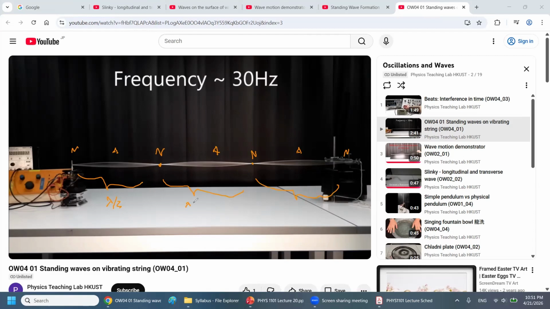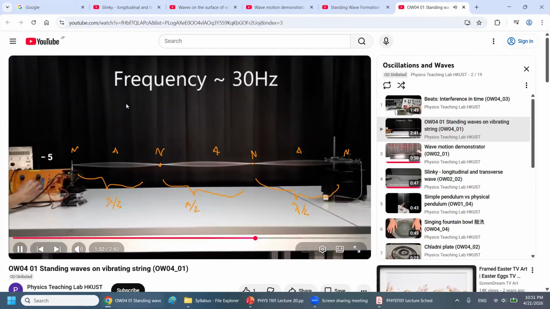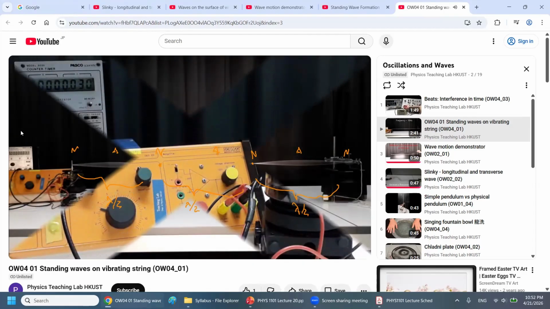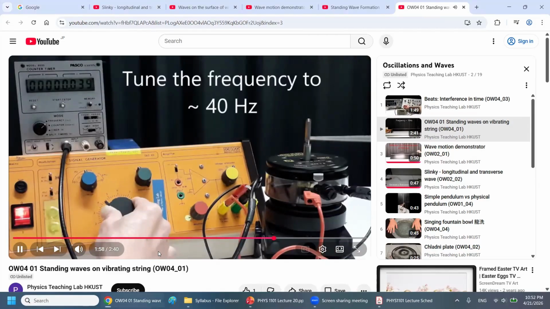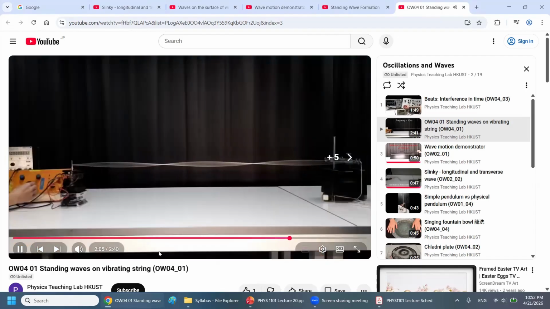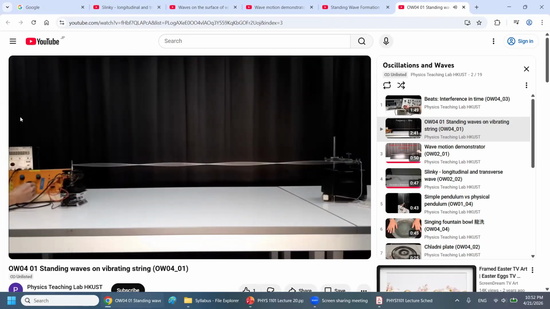They're all half lambda. This is the third harmonic. Now the fourth harmonic.